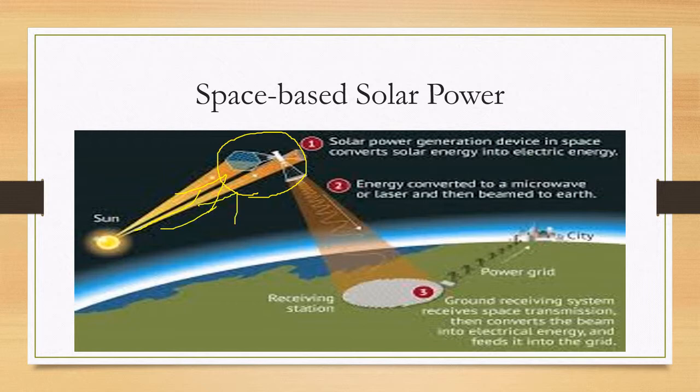The collecting satellite will then convert the solar energy into electrical energy, powering a microwave transmitter or laser emitter, and transmit this energy to a collector on the Earth's surface through the wave. And this one, which is this one.